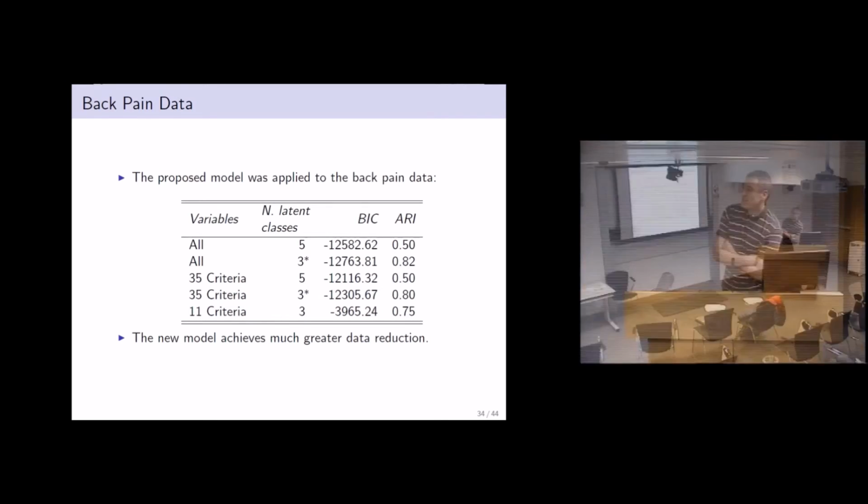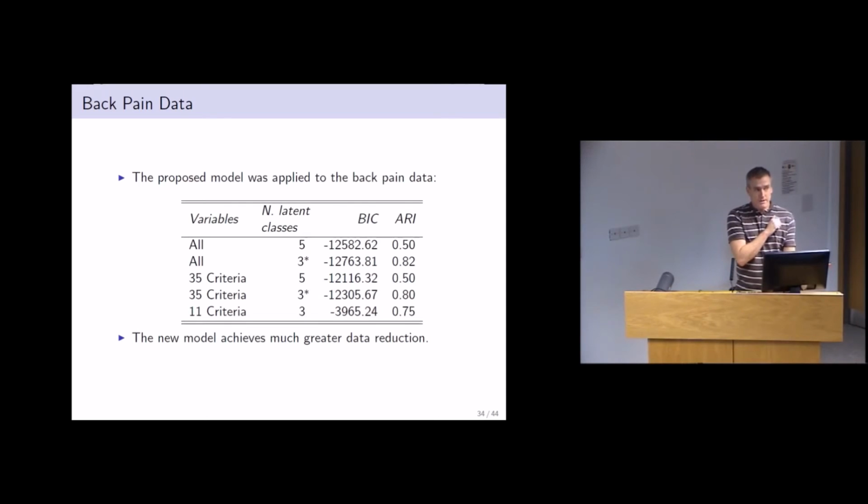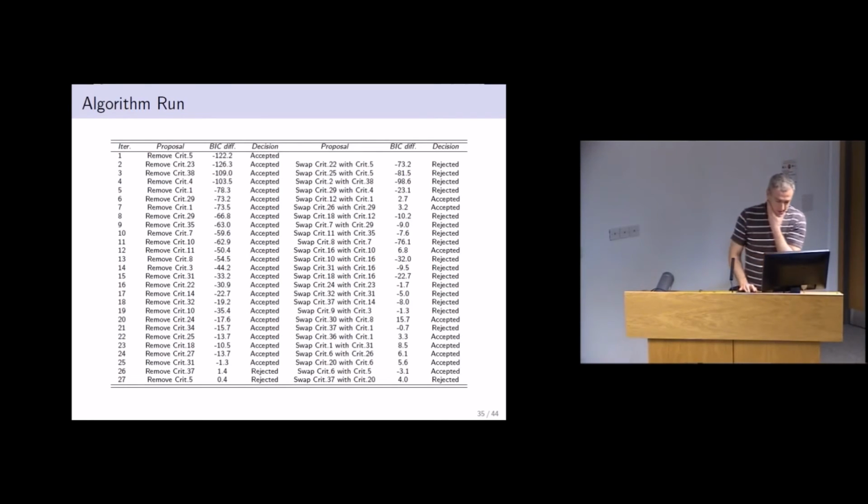This is for the back pain data, and it removed 25 out of the 36 variables instead of only 1, which we had previously. And the adjusted rand index suggests that the groups we found correspond quite closely to the physiotherapy groups. That's just showing you a run of the algorithm. It's adding and removing variables and swapping variables.